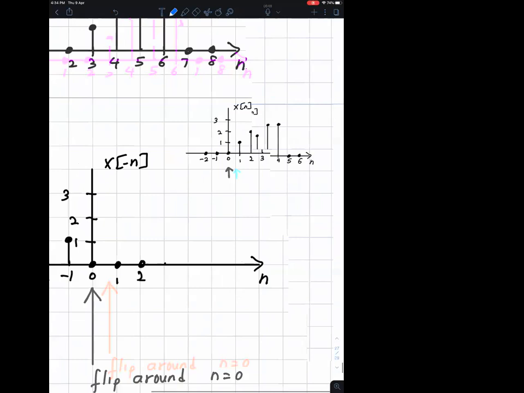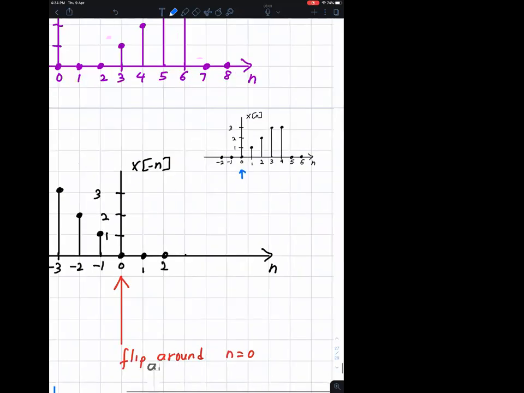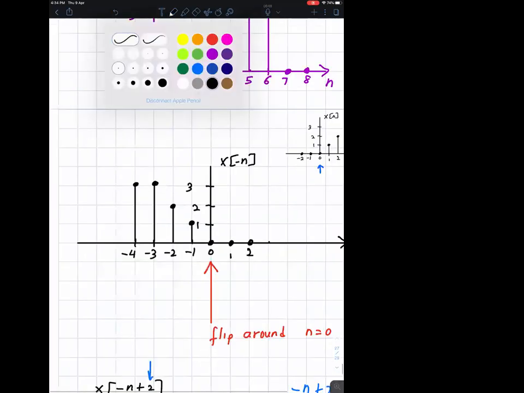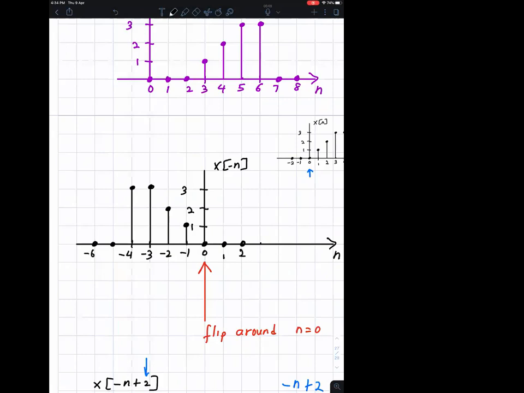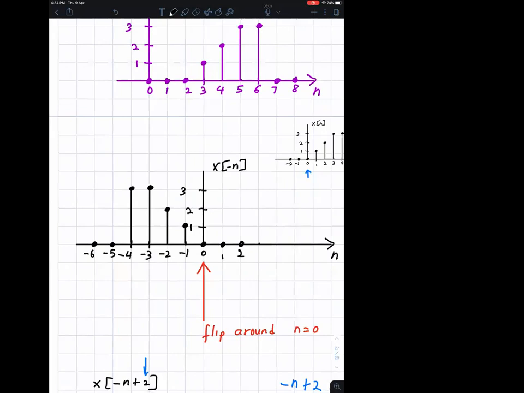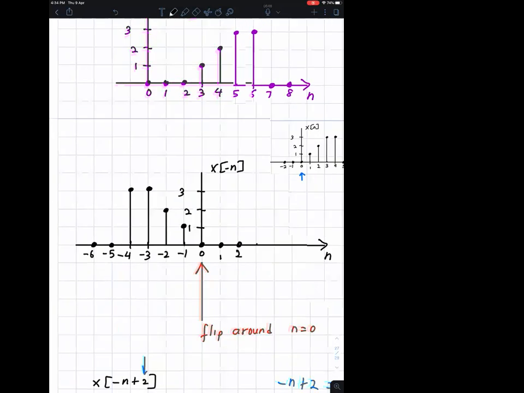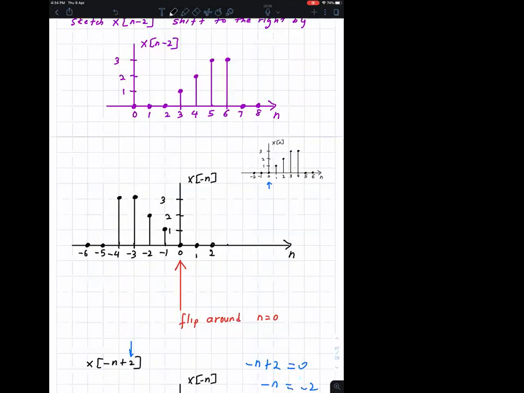So we look, -5, -6. Now this is right. Maybe I shouldn't put this arrow here. Flip around here.